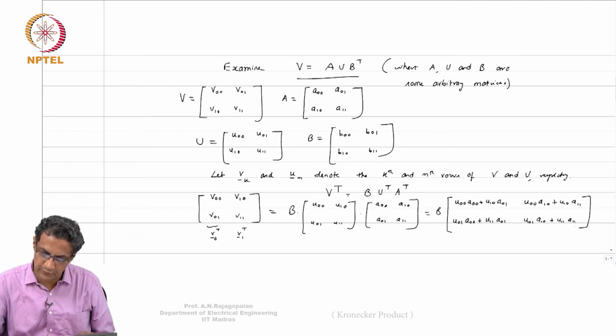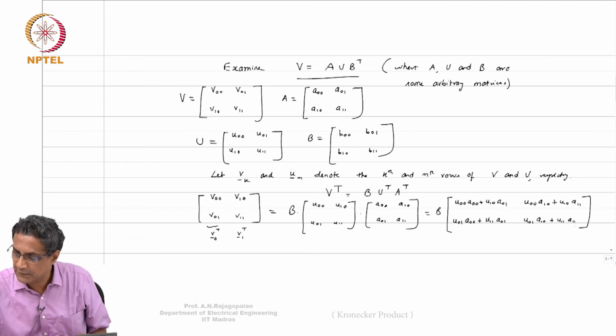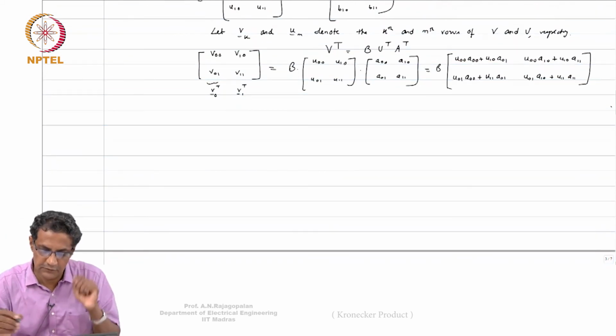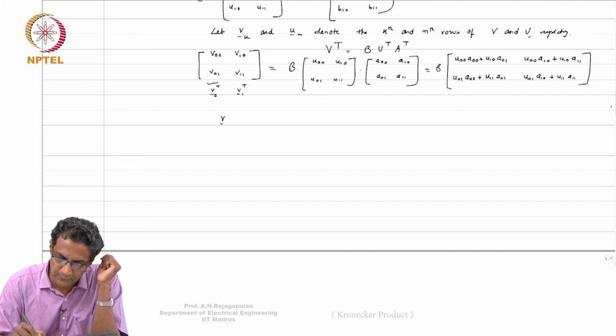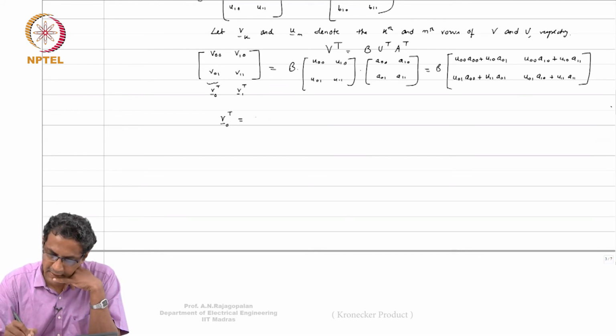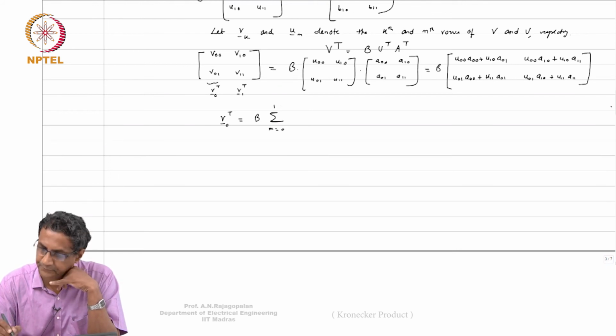Now, if you examine the first column of V, which is this V0 transpose, I can write that as B times a summation, in this case M equals 0 to 1.